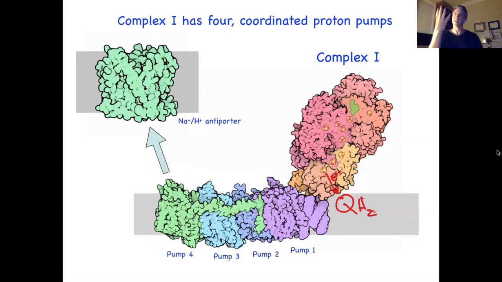So you get 4 simultaneous protons pumped out of the matrix through these little sodium potassium-like antiporters into the intermembrane space. The coenzyme Q then diffuses away and the pumps close. And you do that each time you run one of these electron transports. The pumps open, pump 4 protons, and then close as the reduced coenzyme Q diffuses away.